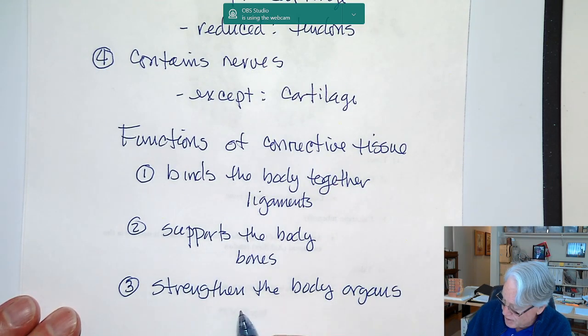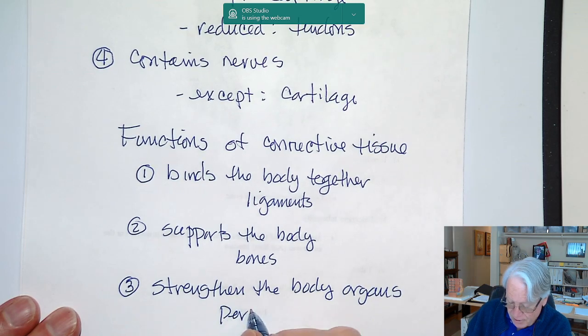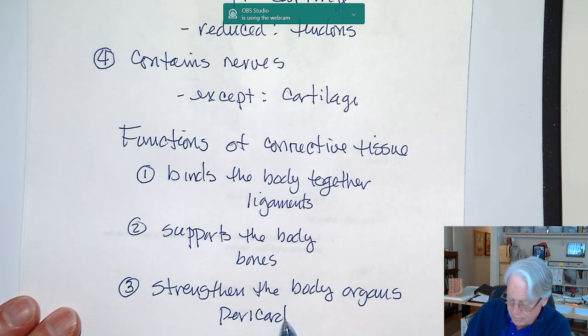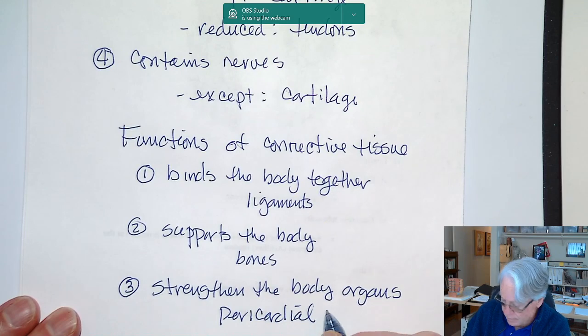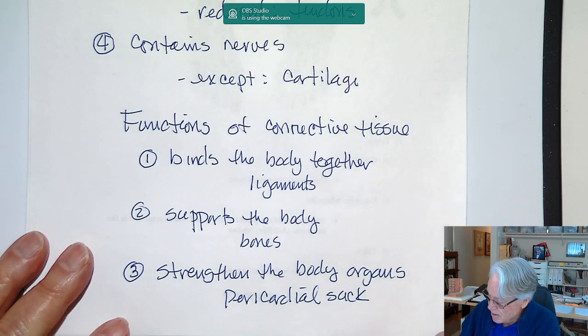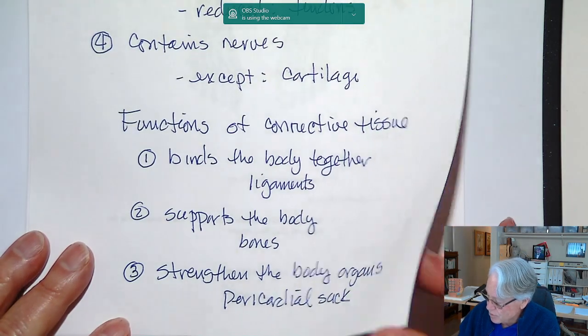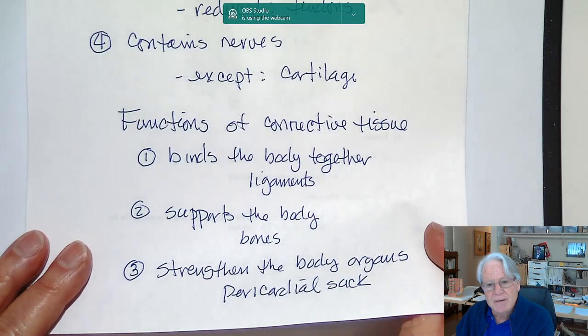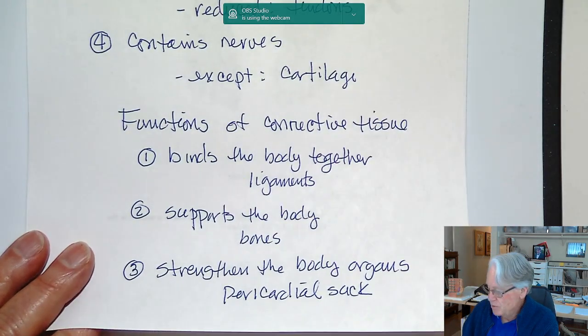So, for example, the pericardial sac, which is the outer covering around the heart, part of that layer is dense irregular connective tissue, which strengthens the structure of that layer.